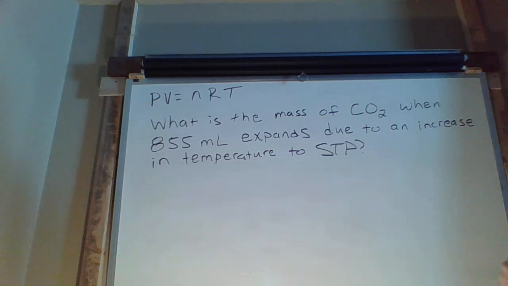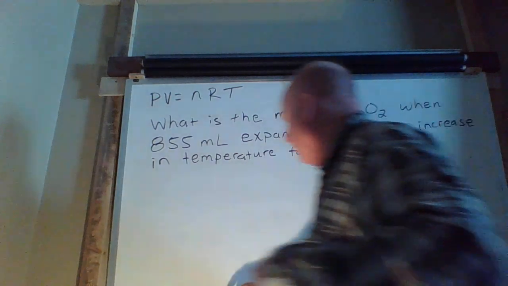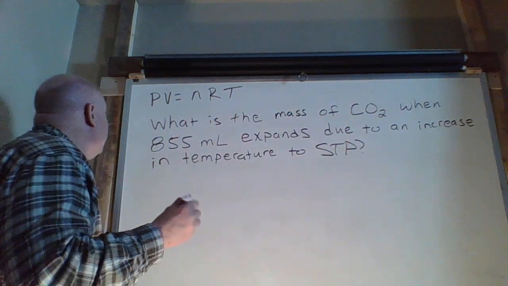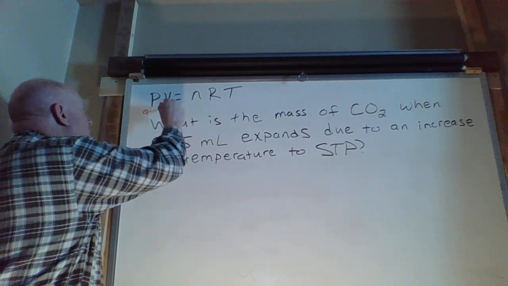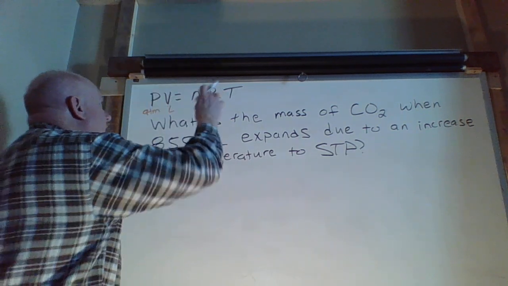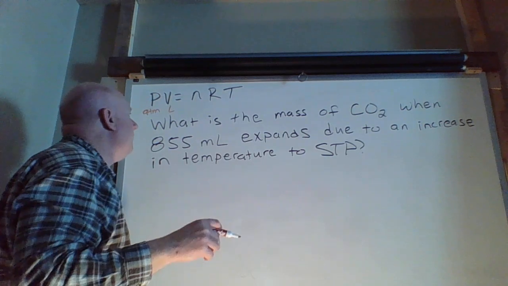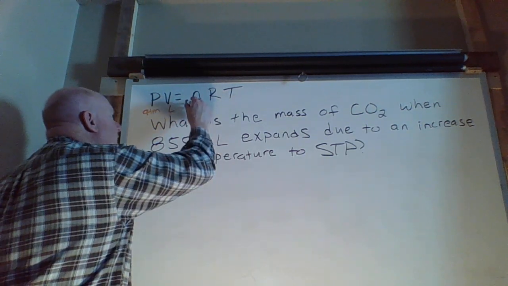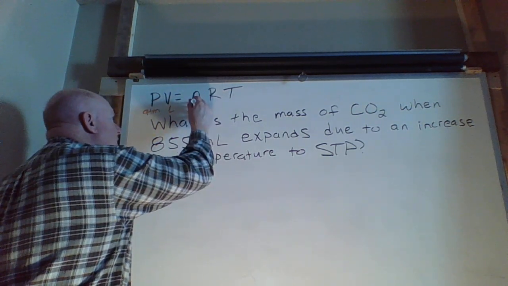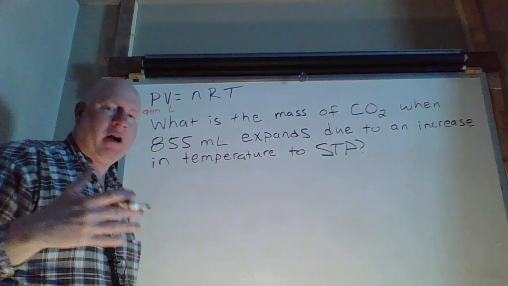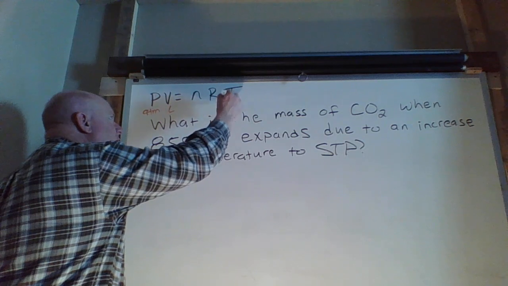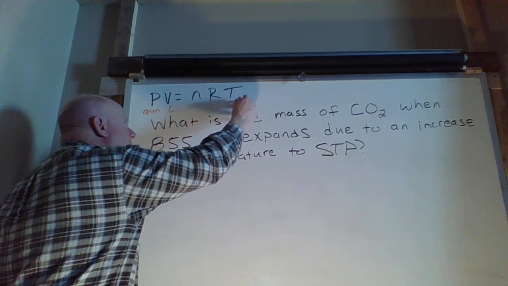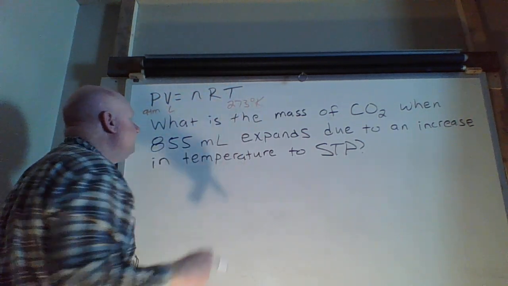But as we had discussed yesterday, when we're doing these, the pressure needs to be in atmospheres, the volume should be in liters, and here is your number of moles. So that's moles, which is how you go from grams to moles or moles to grams. This is a constant, and then this is 273 degrees Kelvin.